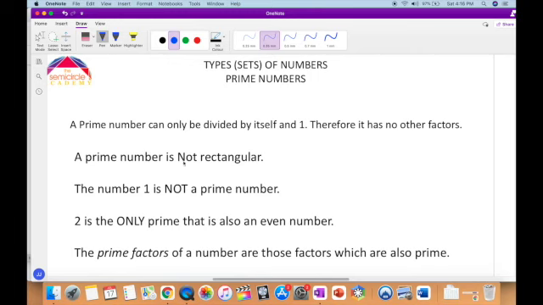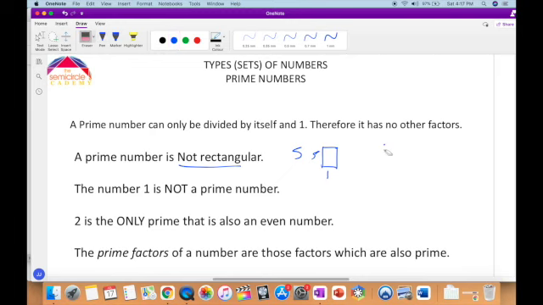A prime number is not rectangular. I mean, yeah, I could say that with 5, I could make a rectangle 5 and 1, and that's a rectangle, right? But at the end of the day, let me just say 88 is a prime number. I don't know if 88 is a prime number, but let me just see. I know 88 could be divided by 11, right?